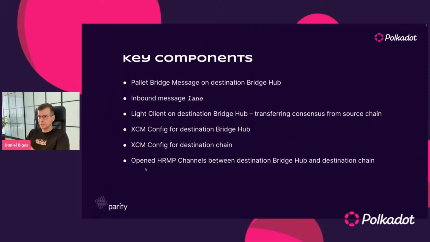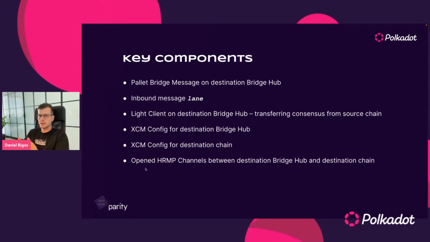What are the key components of that part? At first, we need the pallet bridge messages deployed on the destination bridge hub. Within that pallet, the relayer will trigger the receive messages proof extrinsic. That extrinsic will put incoming messages into the inbound lane.